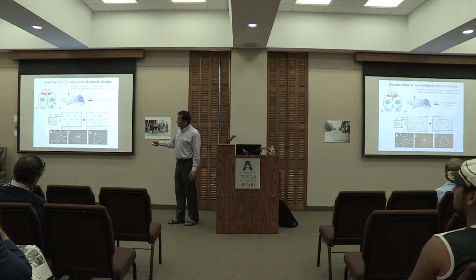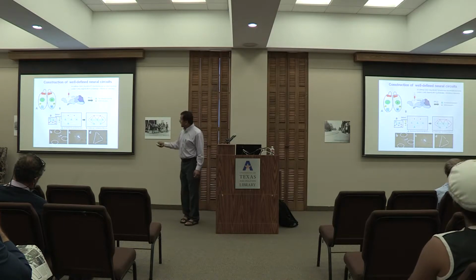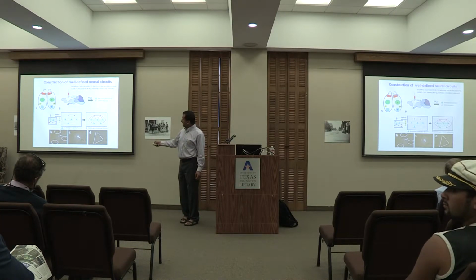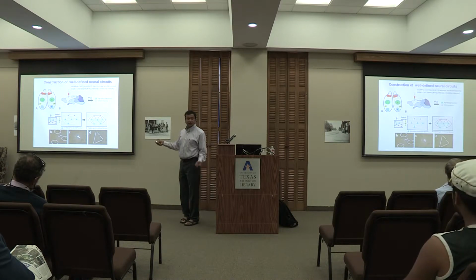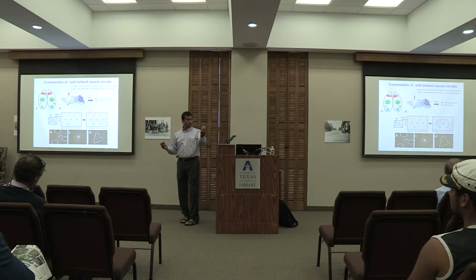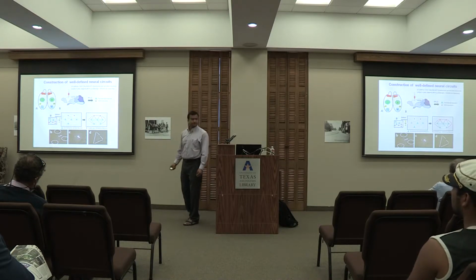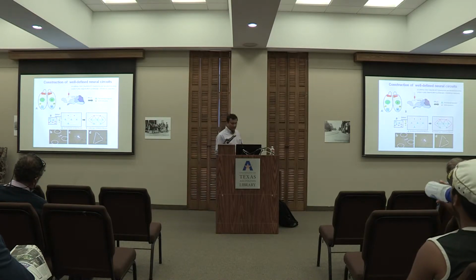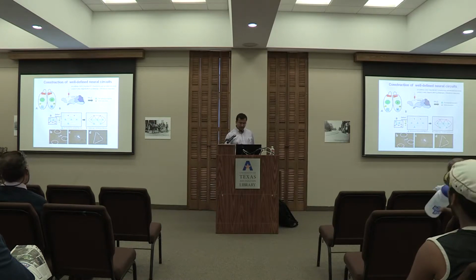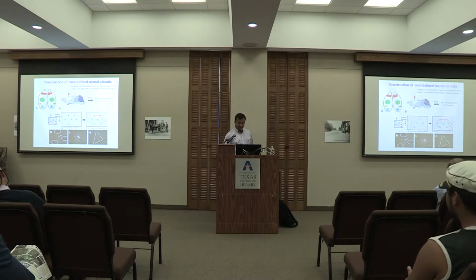We do it with the help of optical tweezers. So they are derived from the brain and put into a chamber, and then you take one cell at a time using a light beam, a tracking beam. I'm going to show you how that works. And then you position it how you want. Here, the cells are being positioned in a triangular fashion. I will show you some videos of that.